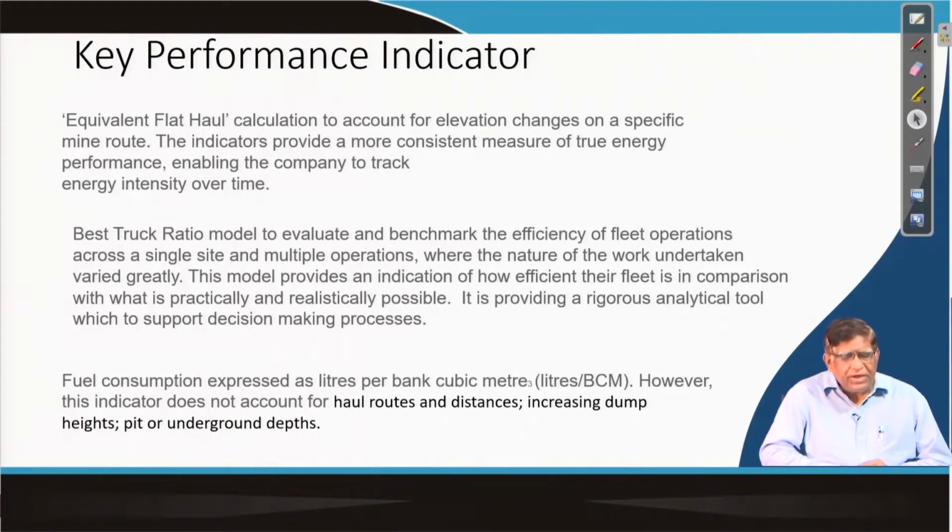So, the total energy consumed will increase whenever you are going up the gradient, and that is why there is an equivalent flat haul, which gives exactly, in a month, how much total kilometer or total material it has carried. If you convert them to an equivalent flat haul, it becomes a good comparison for the performance of different months. So, that is why this parameter is used.